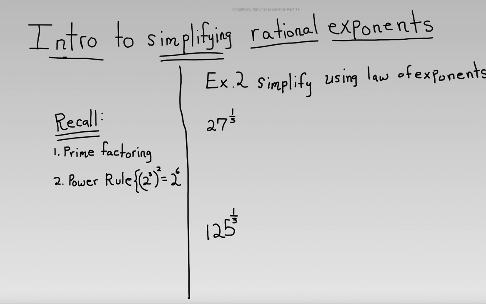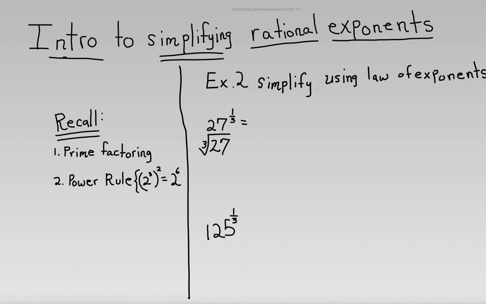Some additional problems. Of course, the numbers can get larger, so we look at 27 to the 1/3. Now we could recognize this as the cube root of 27 also. So just keep that in mind when we're looking at rational exponents. We're looking at roots, and the denominator tells us what the root is. So in this case, we're looking at the cube root of 27.